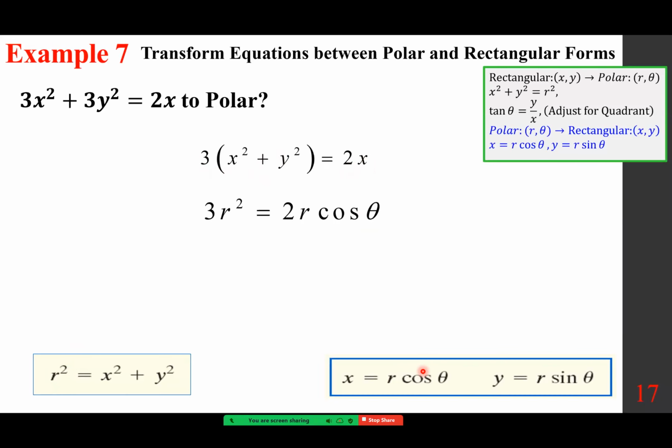We can drop r from both sides or divide by r. And normally we solve for r. And we get r is 2/3 cosine theta.